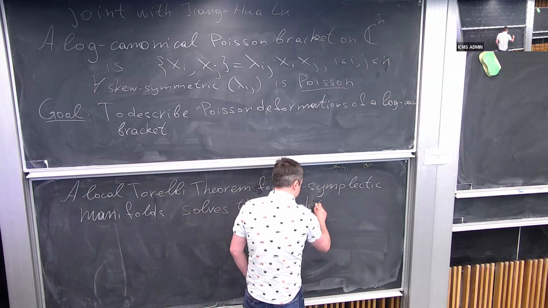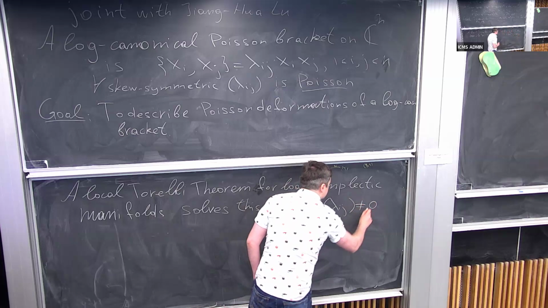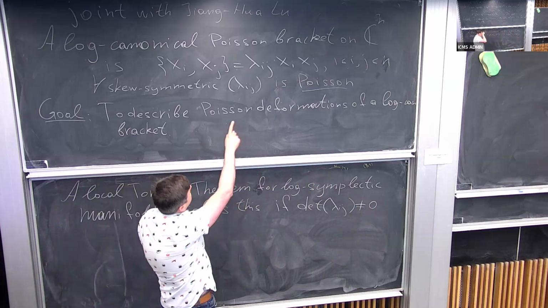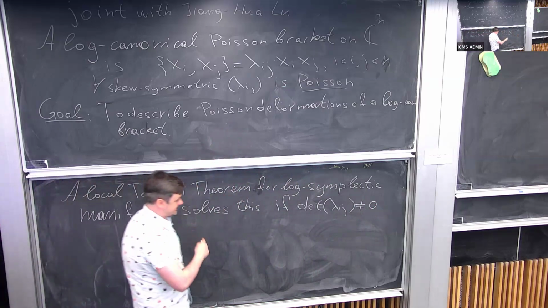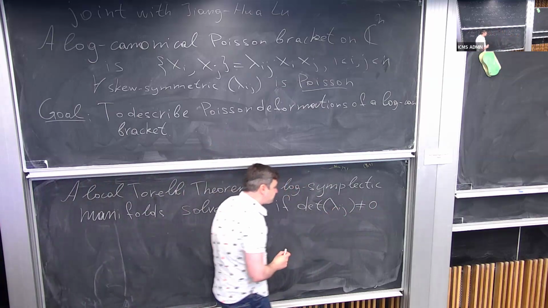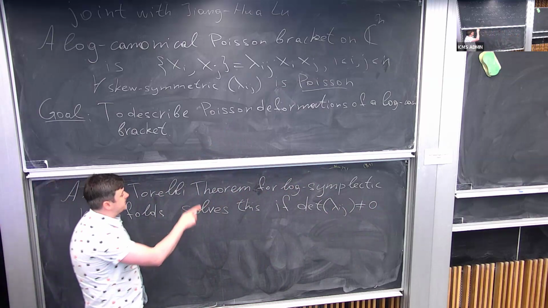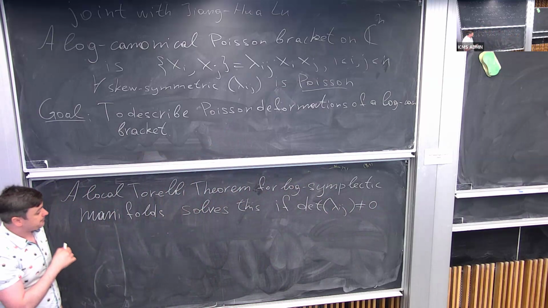But this theorem was applicable for the case when the matrix of the coefficients has a non-zero determinant, in particular even size, has maximal rank. Under this condition, the bracket is also called log symplectic, log canonical.